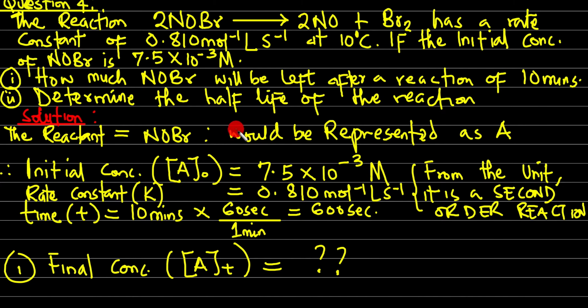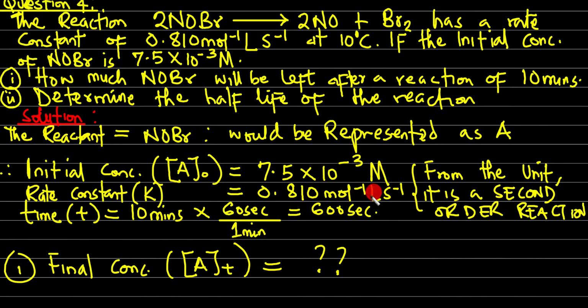Okay, so to make it very easy for us to avoid confusion, let's represent the reactant as A, so that we can just continue using this A naught. Initial concentration A naught equals to 7.5 times 10 raised to the power of minus 3 molar.